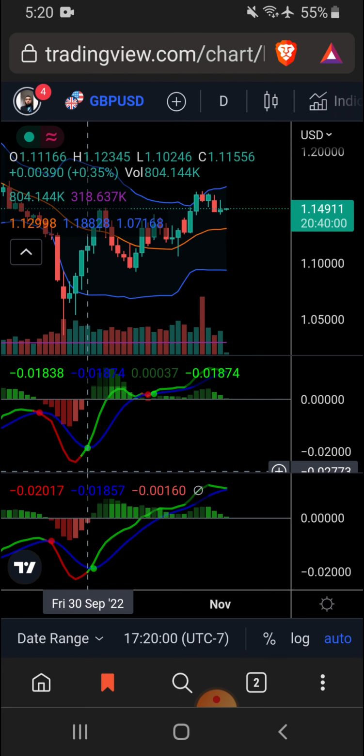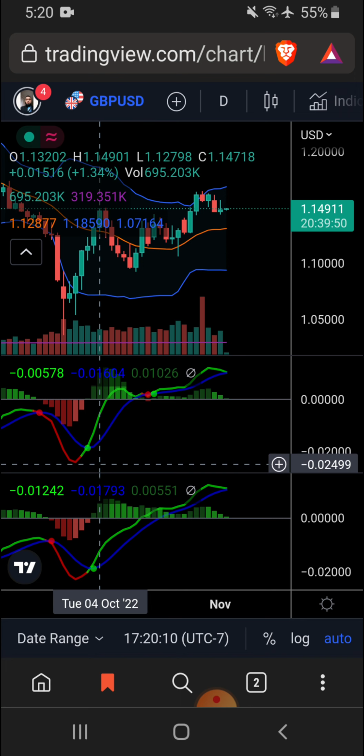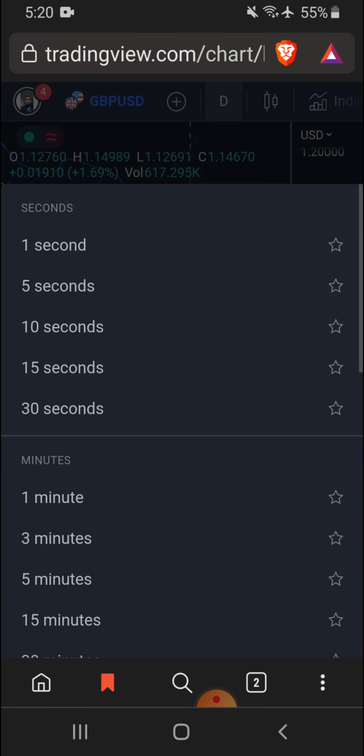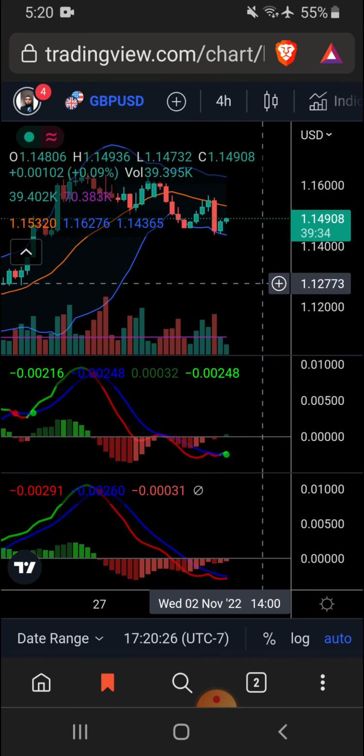This entry here was opened at 1.11166 and closed at almost 1.15. So definitely 200 pips to the midline and plus another 200 pips at the top. So daily signals can be a lot. Already it seems to be working okay.